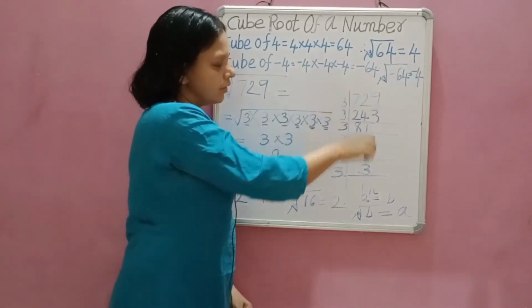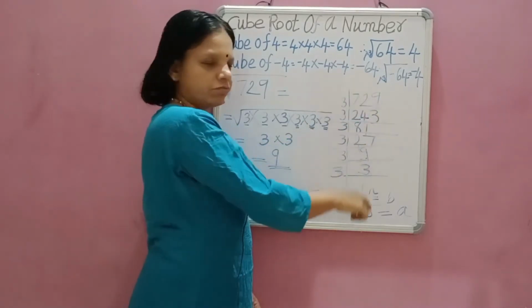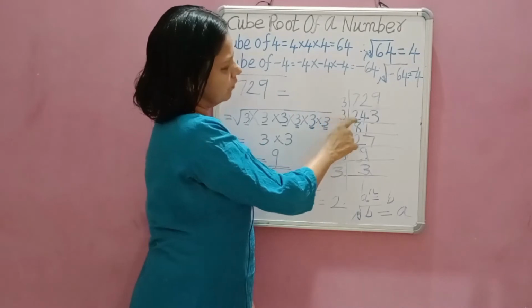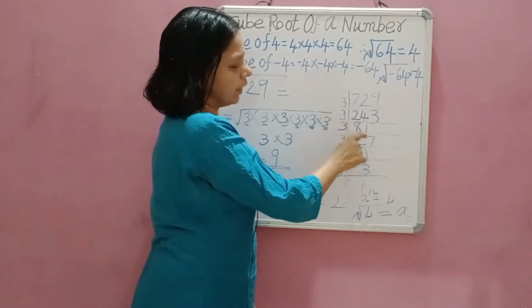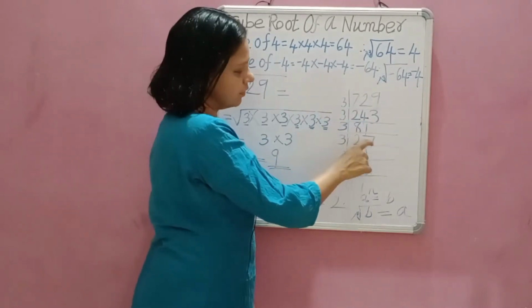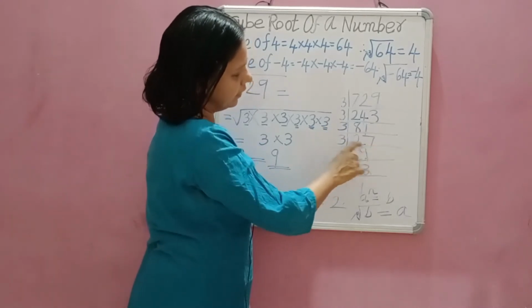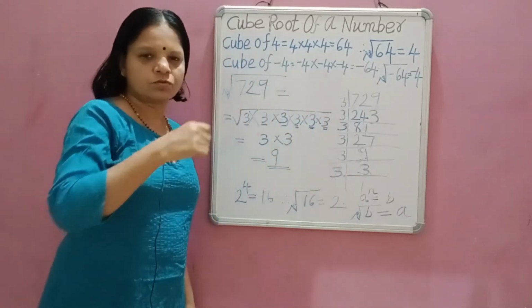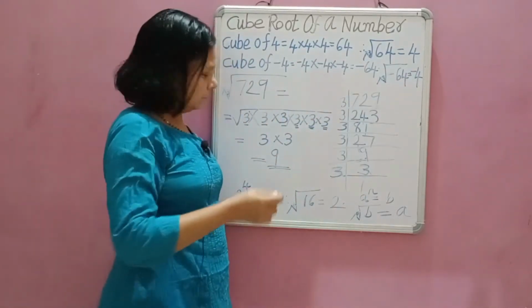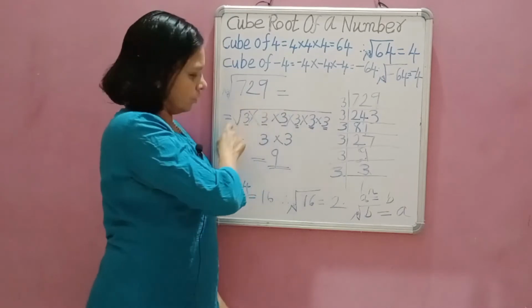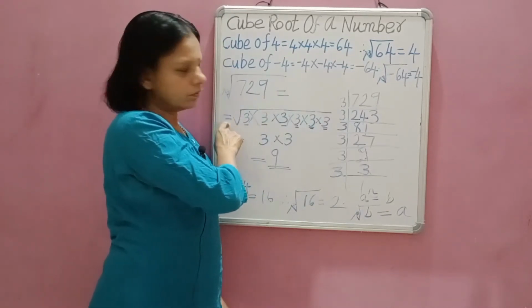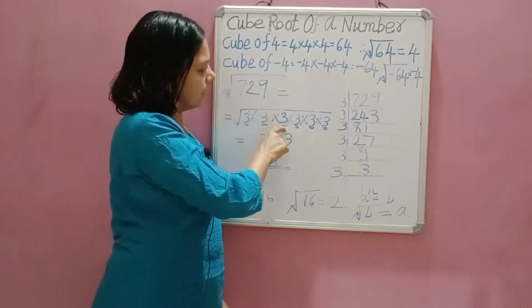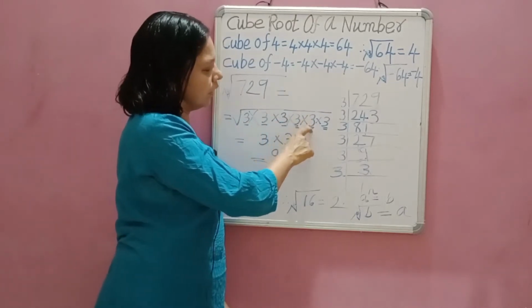We will factorize the number, find all the prime factors. 729 divided by 3, 243 divided by 3, 81 divided by 3, 27 divided by 3, 9 divided by 3, 3, 3, 1. This you know already, how to factorize. So within the cube root, what do you have to write? 3 into 3 into 3 into 3 into 3 into 3.